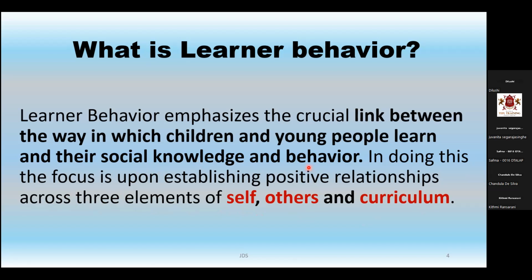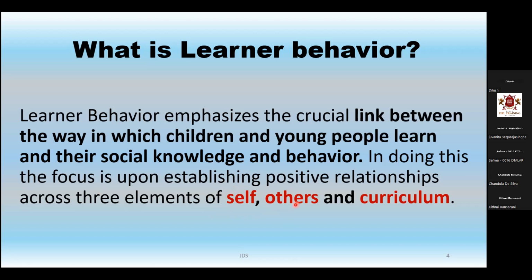So whatever it is learned, how is the learning process taking place? By establishing relationships with three important things. One is with the self. The learner is developing a relationship with him or herself. He is getting to know himself or herself better.